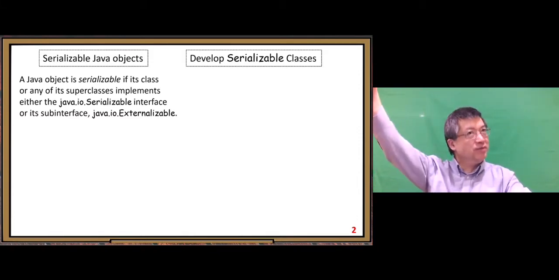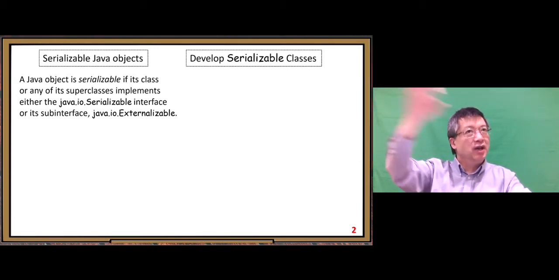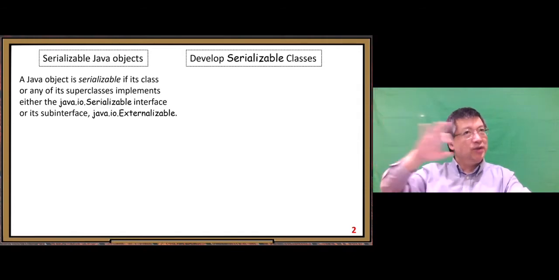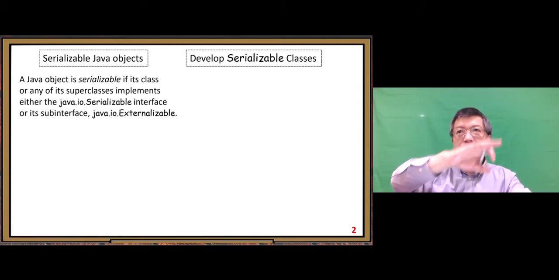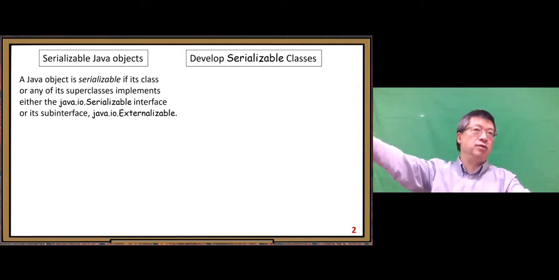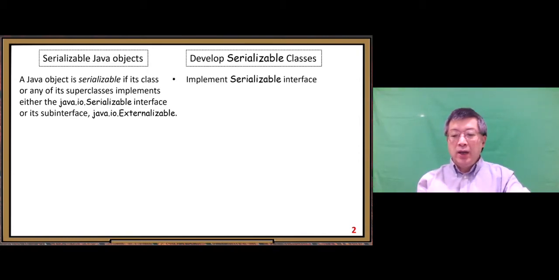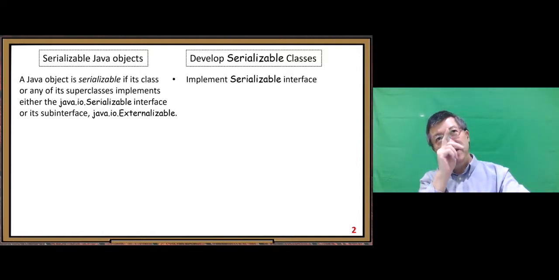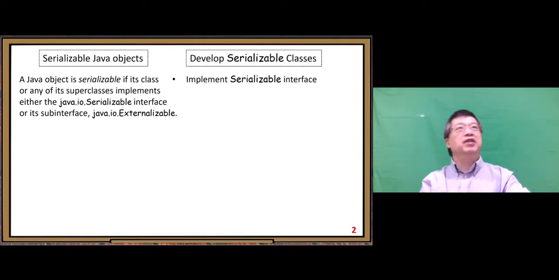The purpose of using serializable JavaBeans is mainly so you won't have any problem in a distributed system. Implement the Serializable interface. The first thing you need to do is implement the Serializable interface.